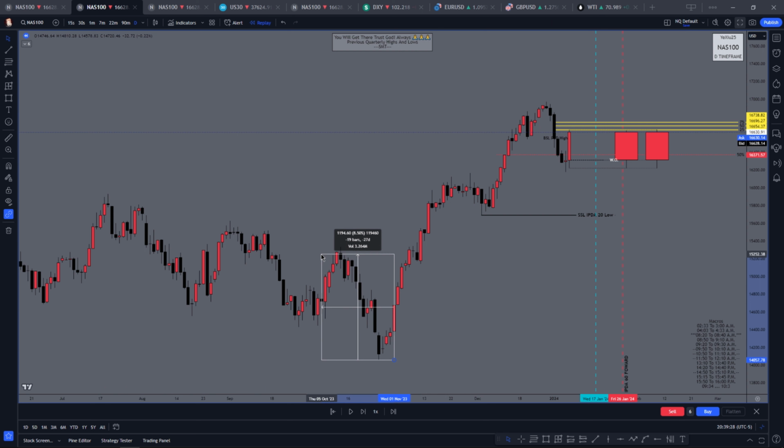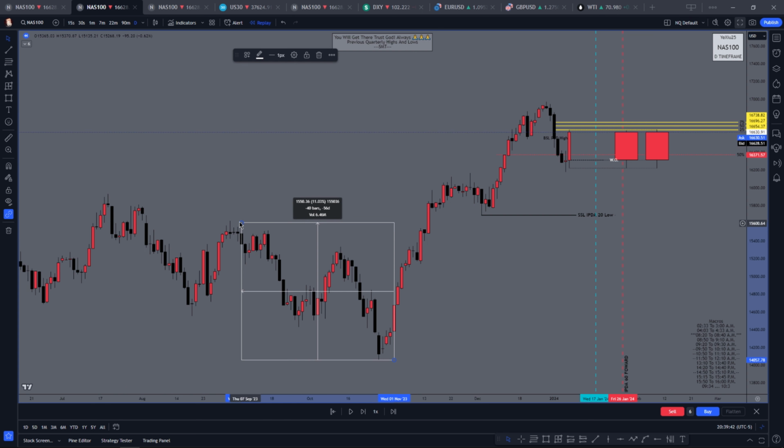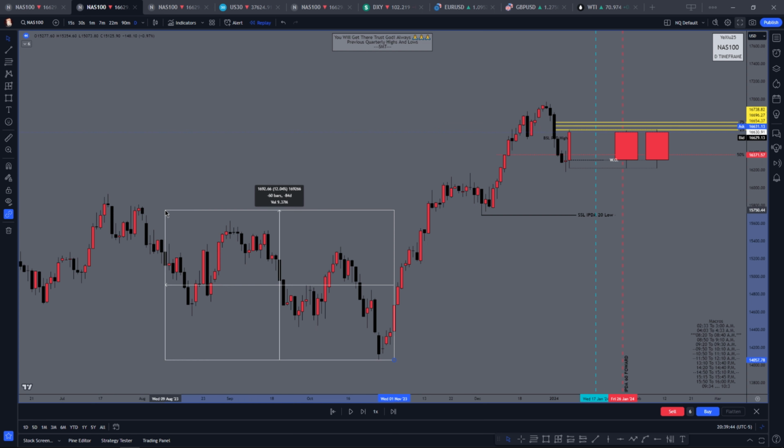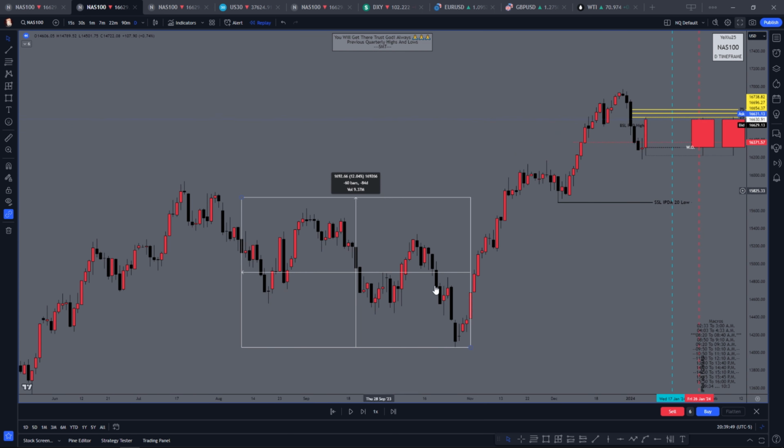So EPDA 20 high, it's a target right there, retraces, buy, go long. EPDA 40, these highs, and EPDA 60, these highs right here, and possibly those highs like you saw in the lower time frames.